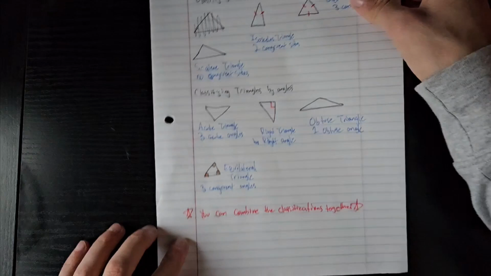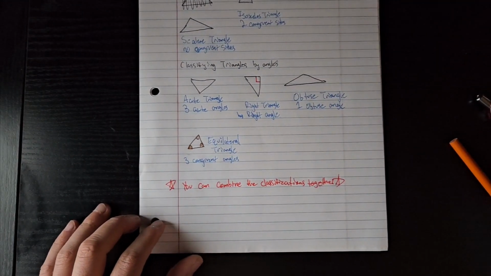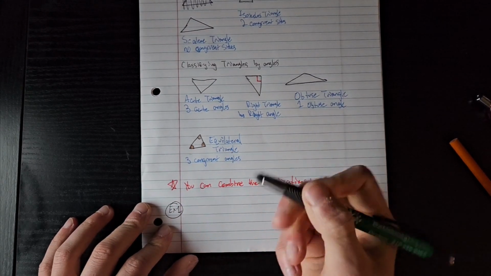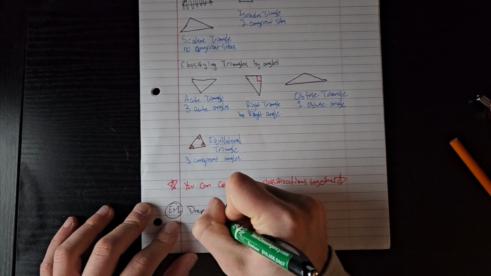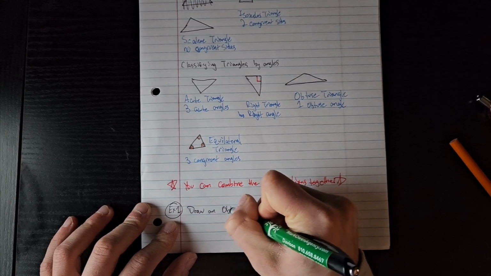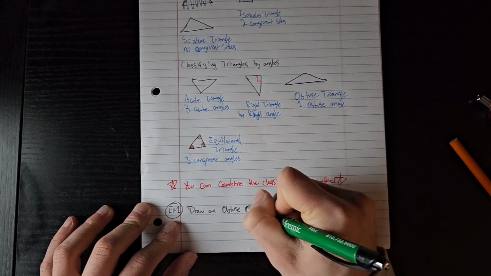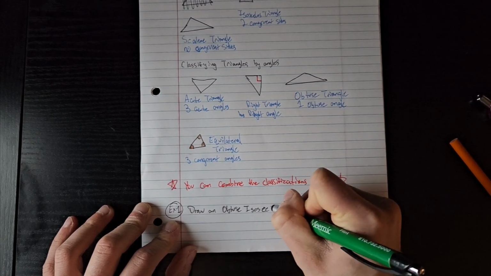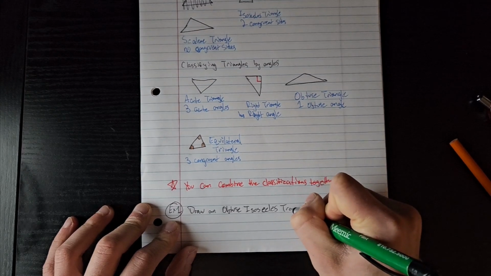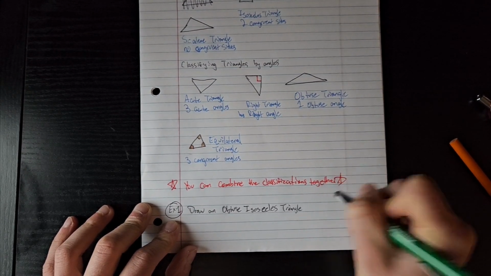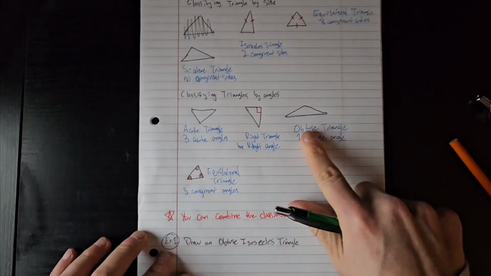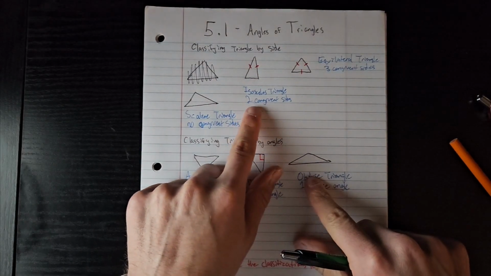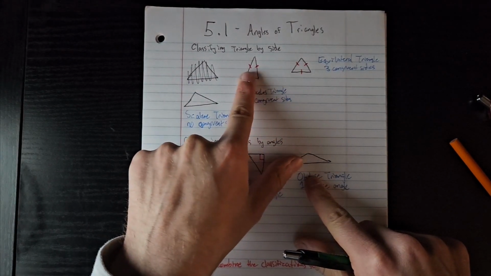One of them that we will be doing is, for example, 1. We are going to draw an obtuse isosceles triangle. So looking at what we have up here, the obtuse triangle looks like this. Isosceles, remember, has two congruent sides, so we have to put the marks there.